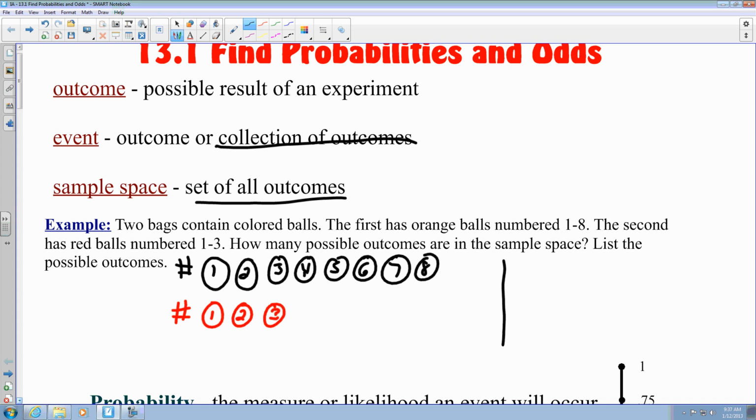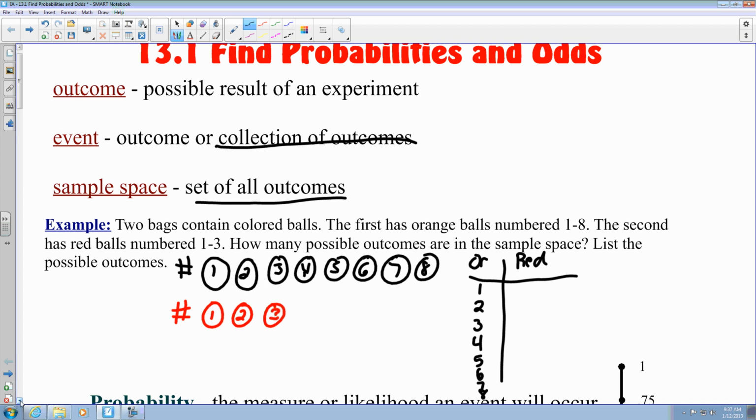If you make it like this, the left side deals with the orange balls selected, and this one deals with the red balls selected. So I have an opportunity, in that first bag, of selecting either the 1, 2, 3, 4, 5, 6, 7, or 8 orange ball. Those are the possibilities of me selecting.